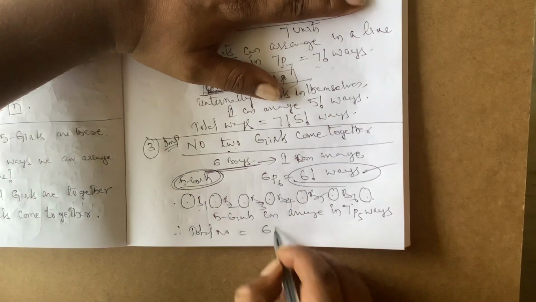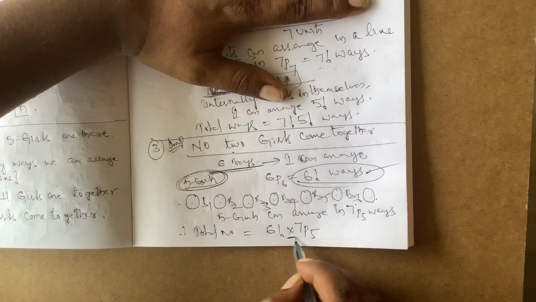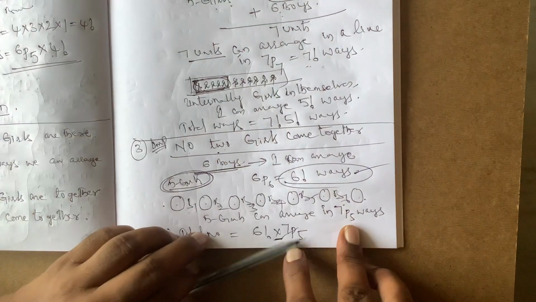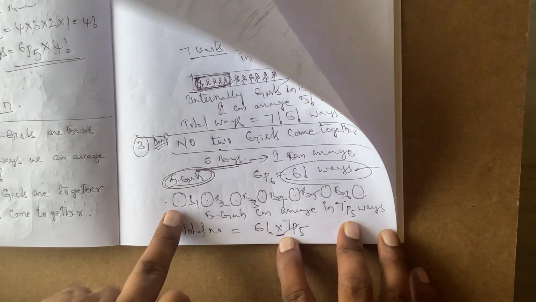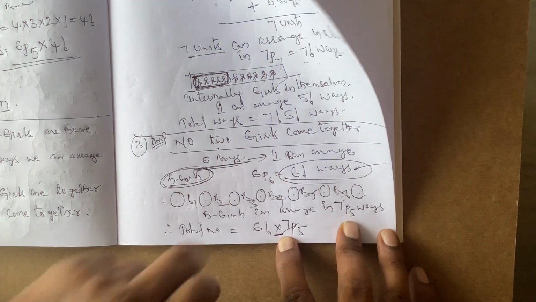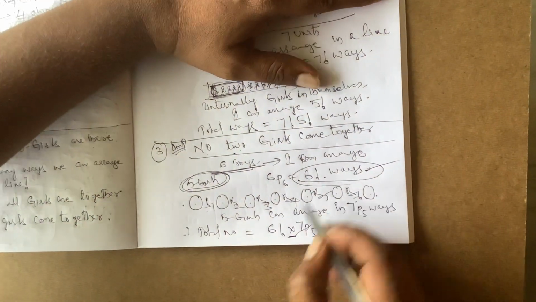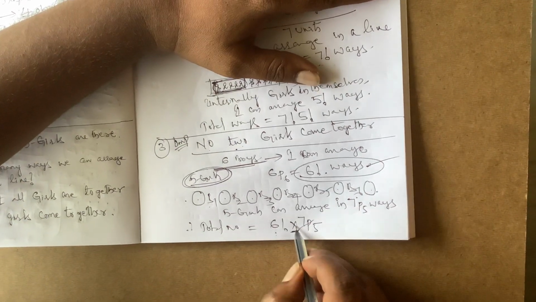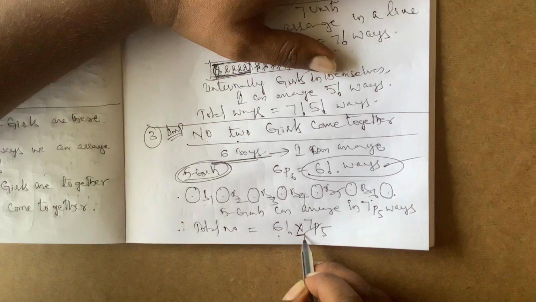So the total number of ways is 6 factorial into 7P5. Why did I multiply? According to the fundamental counting principle, if I arrange boys and girls, then only my work will finish. After arranging the boys in 6 factorial ways, my work is not completed. Still pending work is there. What is that pending work?